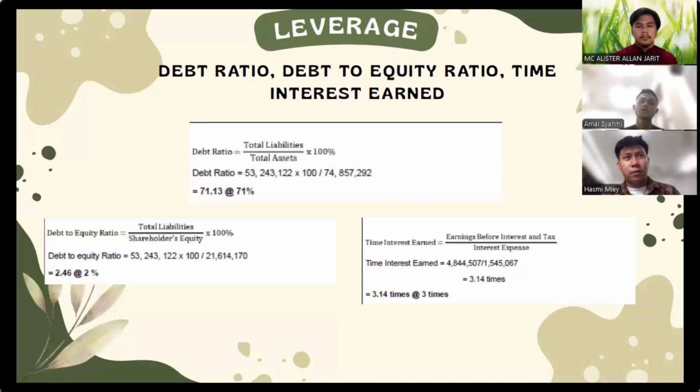The ROCE is 7.59%, indicating a moderate but stable return on long-term capital. Now I will pass the presentation to the next speaker.